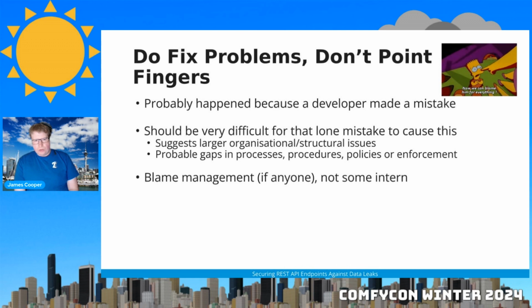Focus on what the problem was and how to resolve it and how to make sure that it doesn't happen again. If you have policies that say don't do X, but they're not being enforced, then look at how you can start enforcing them, that sort of thing. Because trying to find someone to blame is sort of closing the gate after the horse has bolted. What you want to do is figure out how to avoid it happening to you in the future.